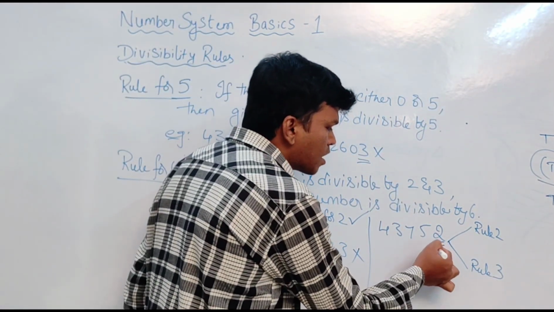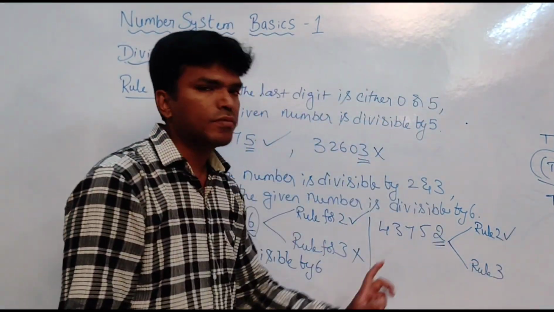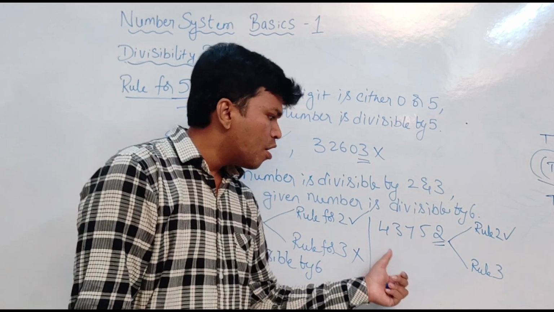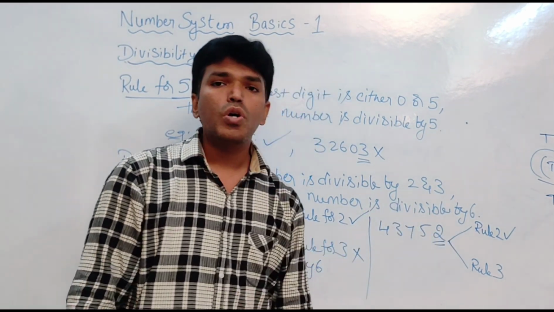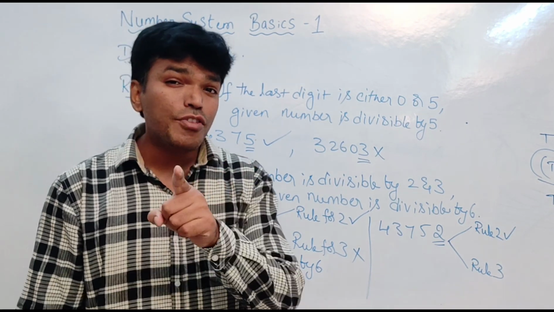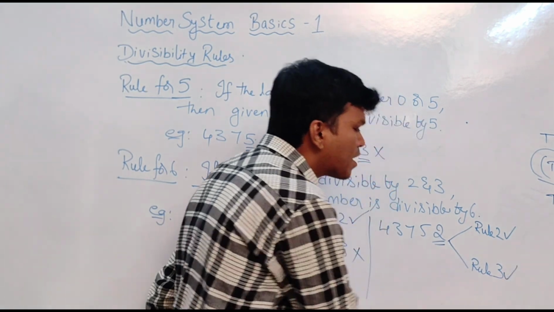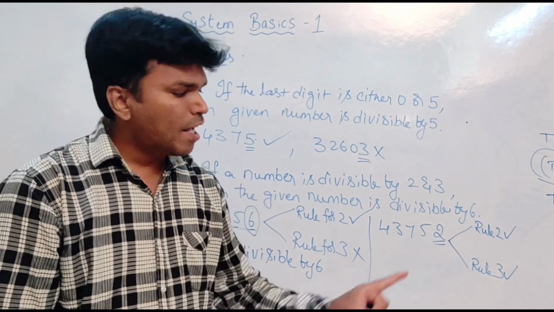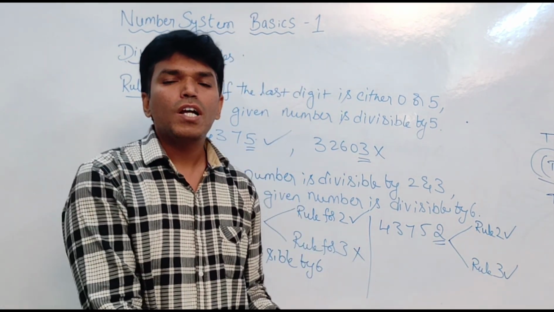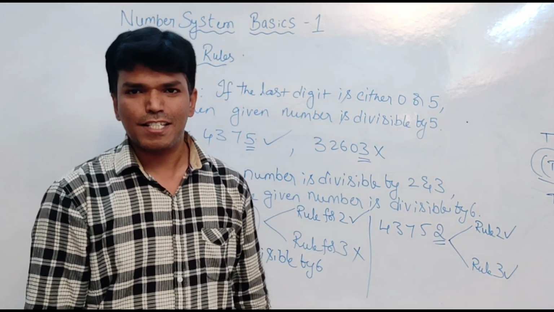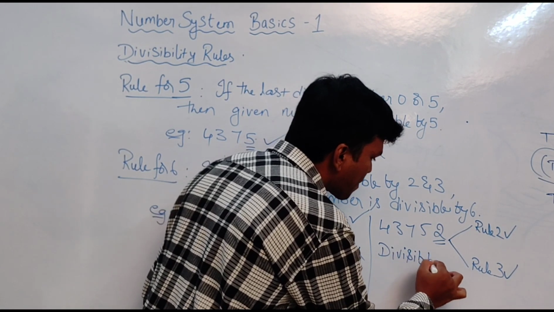Yes, because the last digit is 2, an even digit. And what about 3? Check the sum of the digits. 4 plus 3, 7. 7 plus 7, 14. 14 plus 5, 19. 19 plus 2, 21. Is 21 a multiple of 3 or not? Yes, it is a multiple of 3. Therefore, it is also divisible by 3. Here, this number is divisible by both 2 and 3. Therefore, it is also divisible by 6.